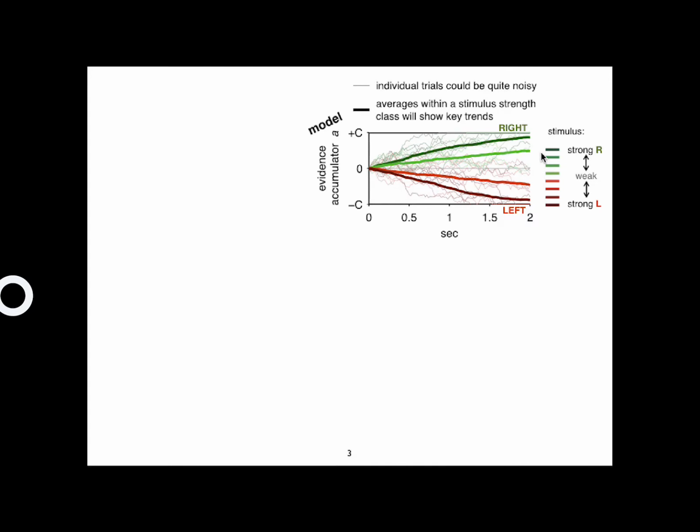But on average, across many trials, if you have a really weak stimulus, say these fainter colors, then the accumulator should rise slowly as you move away from the decision border slowly. Whereas for strong evidence, say 100% coherence, the accumulator should move away from the decision border much more quickly. Right? That's the general idea.